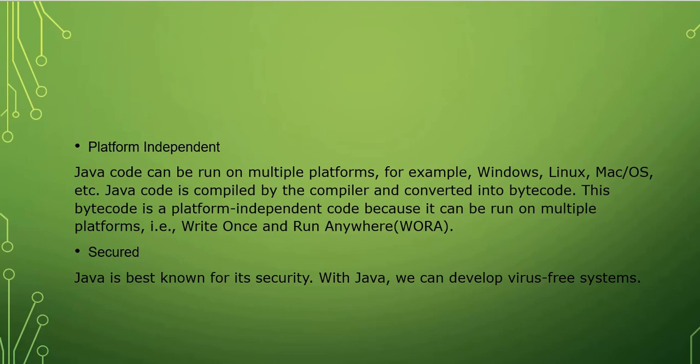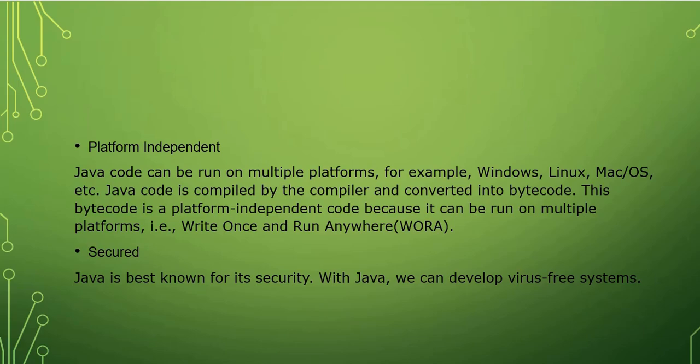Platform independent means what? It can be run on multiple platforms. Platform independent means that bytecode can be run on multiple platforms like Windows, Linux, Mac OS. Okay, so this type of feature is called what? Write once and run anywhere. WORA.